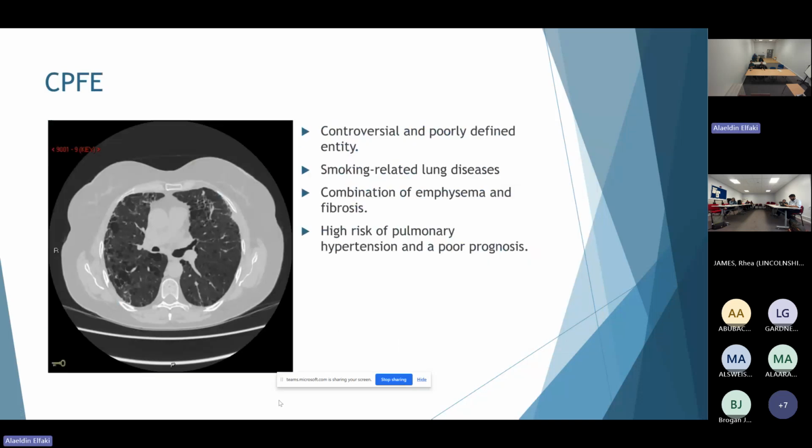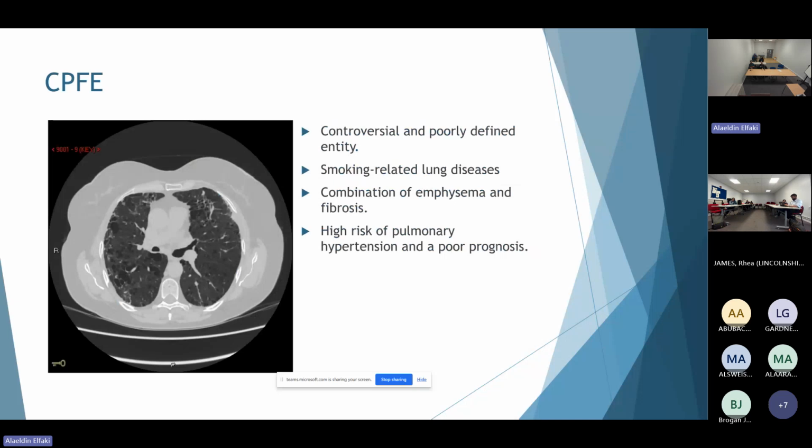CPFE, which is combined pulmonary fibrosis and emphysema, is controversial and poorly defined, right? It is a smoking-related condition, predominantly causing emphysema in the upper lobe, and you notice also fibrosis in the lower lobe. The fibrosis might be a UIP pattern or might also be an NSIP pattern.